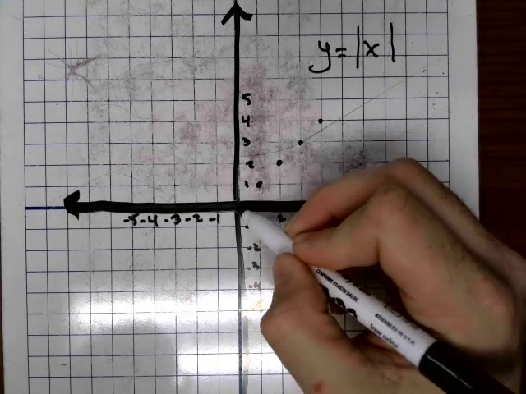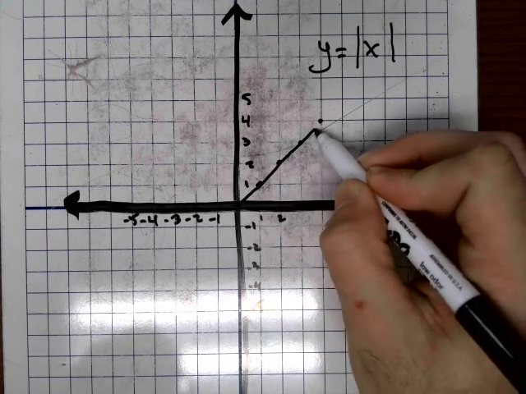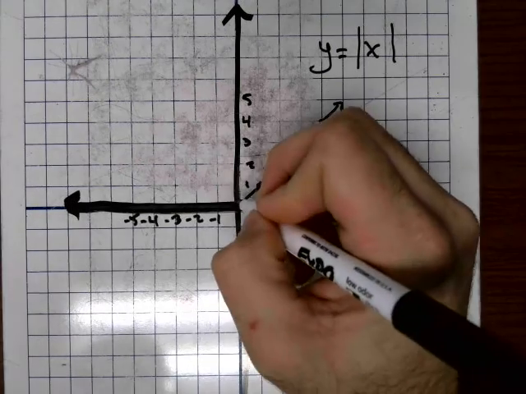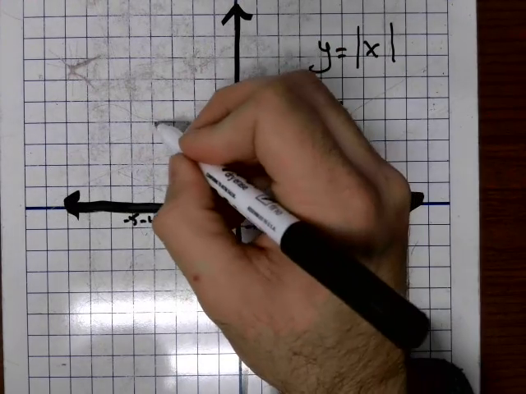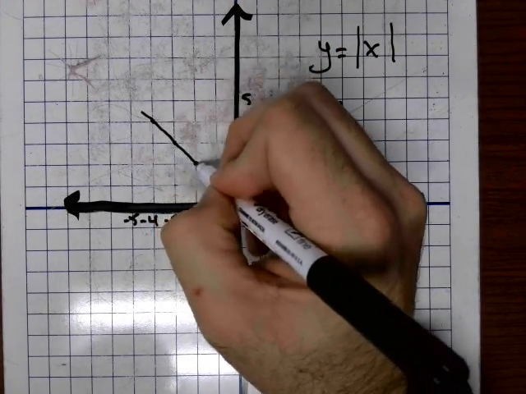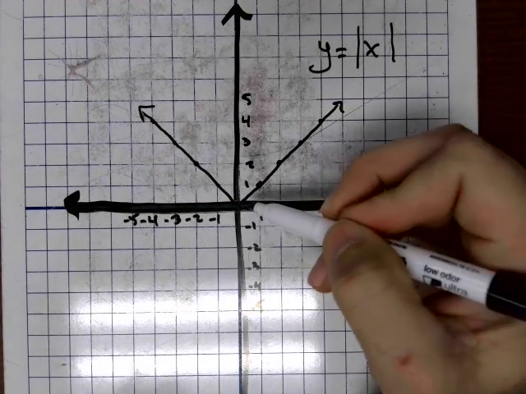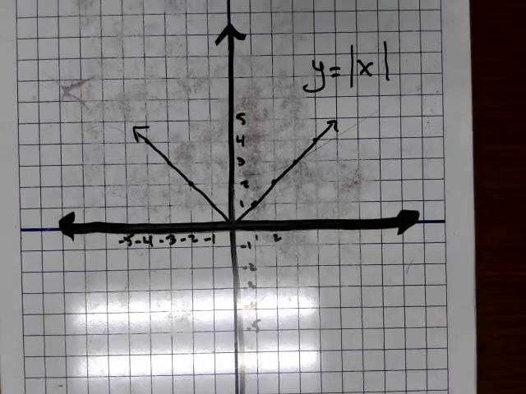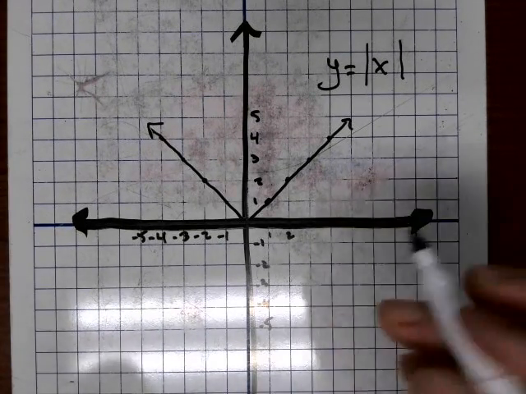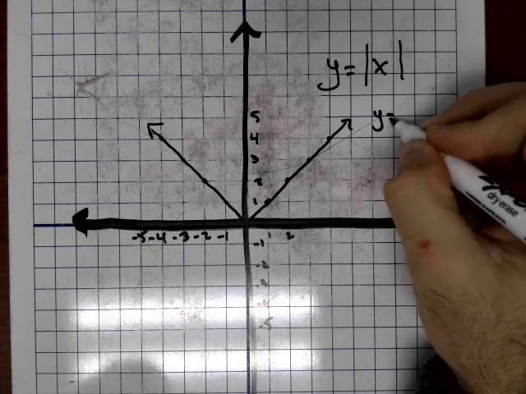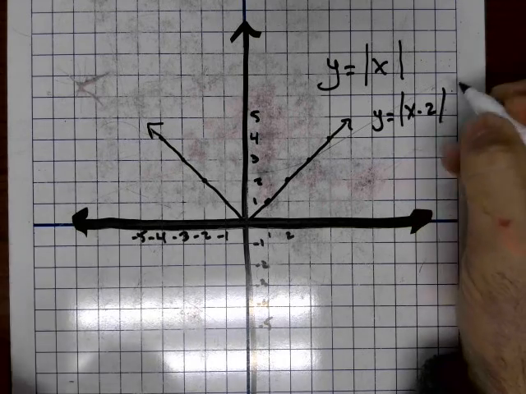It moves at a diagonal, over 1 and up 1, and then it's going to be the opposite as well. So it's kind of reflecting each other, because if I plug in a 1, the absolute value of 1 is 1. So it'd be 1, 1. That's the original absolute value function. Our absolute value function looks like this: y equals the absolute value of x minus 2, minus 4.